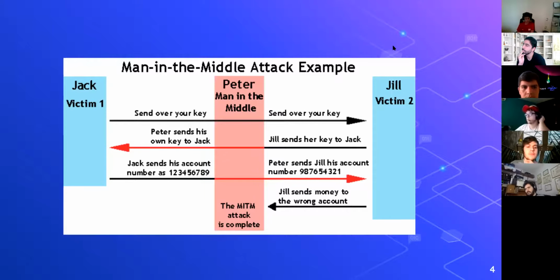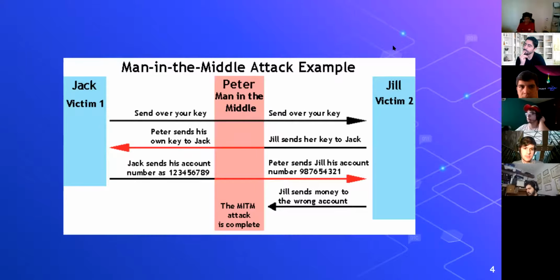So we see that Jack sends over his key, but as Peter is intercepting their connection, Jack is actually sending his key to Peter, and Peter sends his own key to Jill. Now Jill sends back her key, but as Peter intercepted their connection, she is actually sending it to Peter, and Peter sends back to Jack his own key.